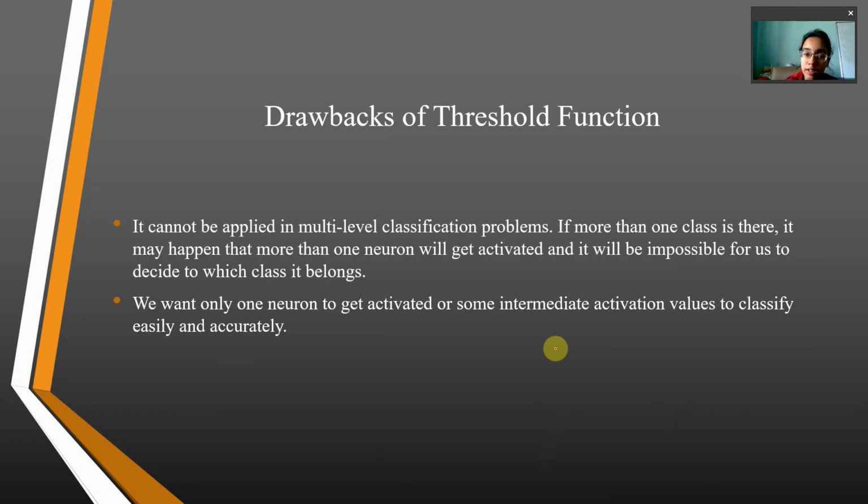Why? Suppose you have 3 classes of animals, that is cat, dog and tiger. You are given inputs of all the data records, and you want to predict whether a given test image is a cat or a dog or a tiger.